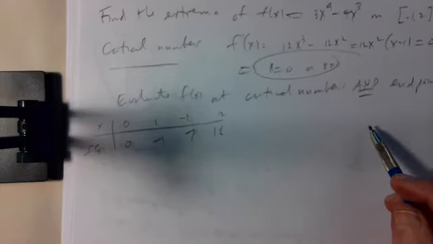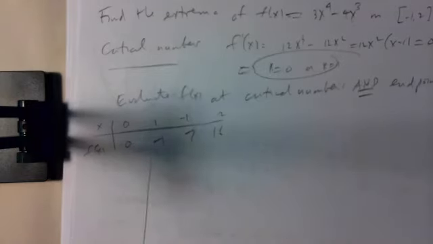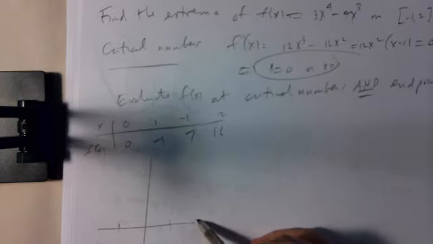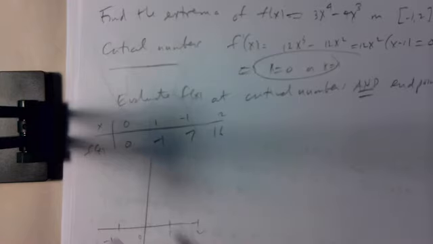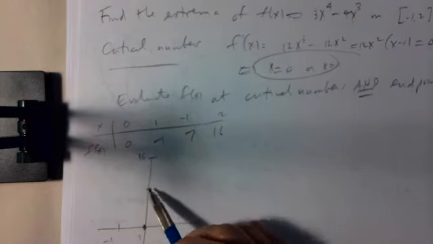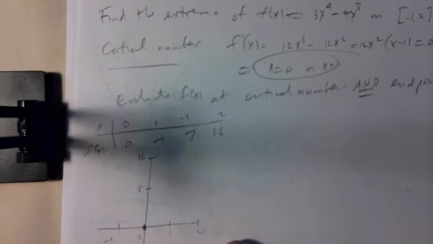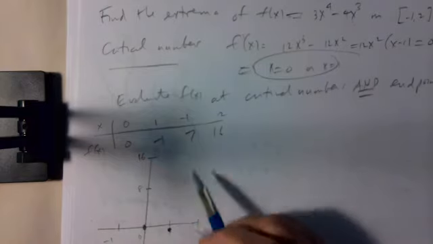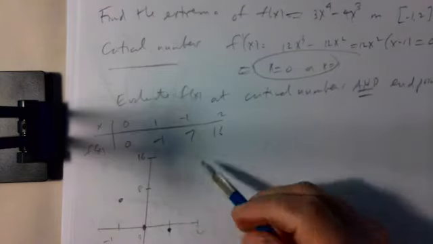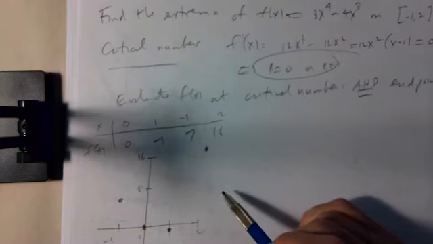So if we wanted to graph this function on the interval from -1 to 2, at 0, it's 0. Let's make this 16, so this is 8. This is -8. At 1, it's -1. At -1, it's 7. At 2, it's 16.